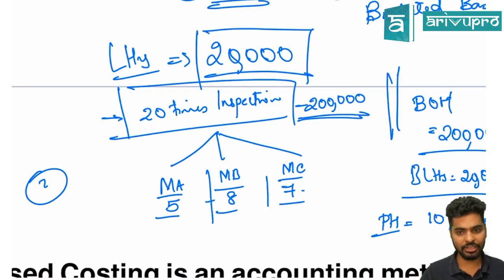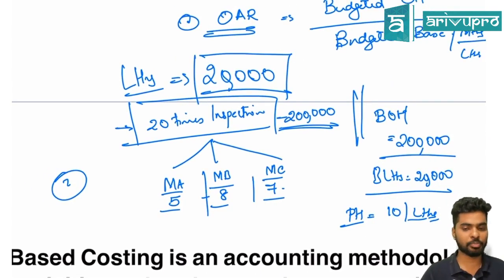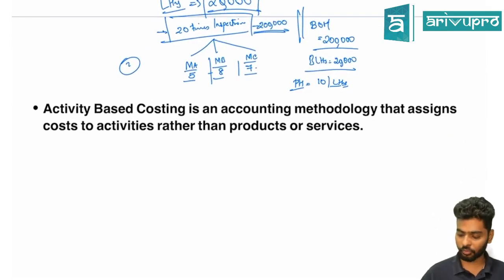For an example, I know that 2 lakh has been spent on 20 inspections. So let me find out my cost per inspection, and based on that I will allocate it to the product. This kind of mechanism we call ABC costing, where we are trying to assign cost to activities rather than products or services.